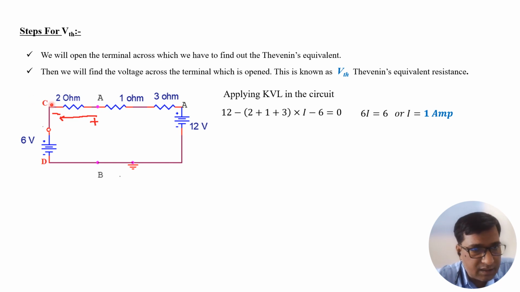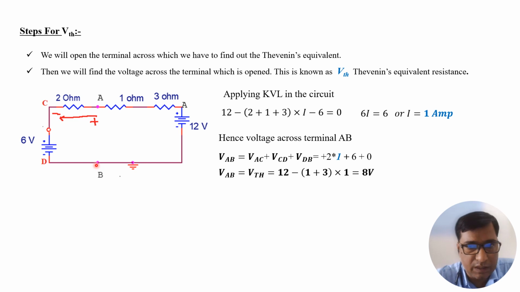Now if we have to find the voltage of AB, then we can break this AB like this: A to C, C to D, and D to B. So to find the voltage across terminal AB, we can write VAB as voltage VAC plus voltage VCD plus voltage VDB. The voltage VAC will be across a 2 ohm resistance.